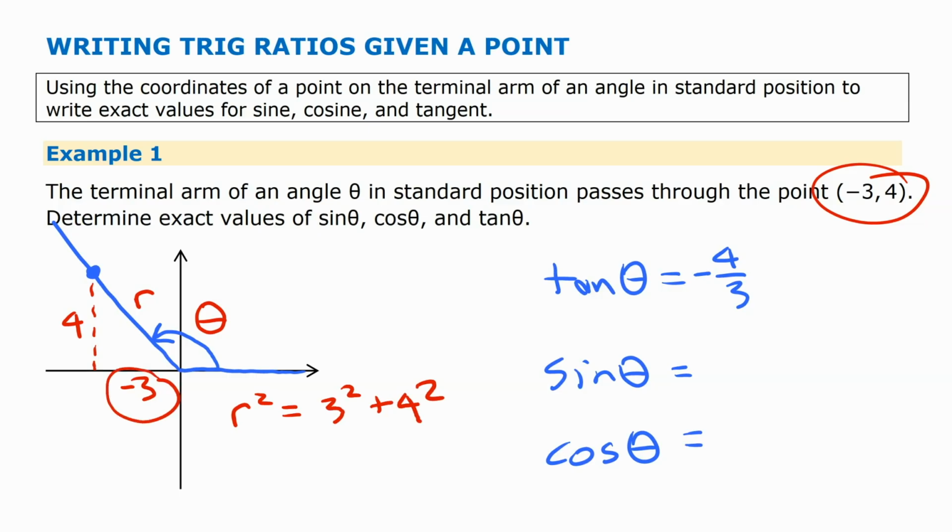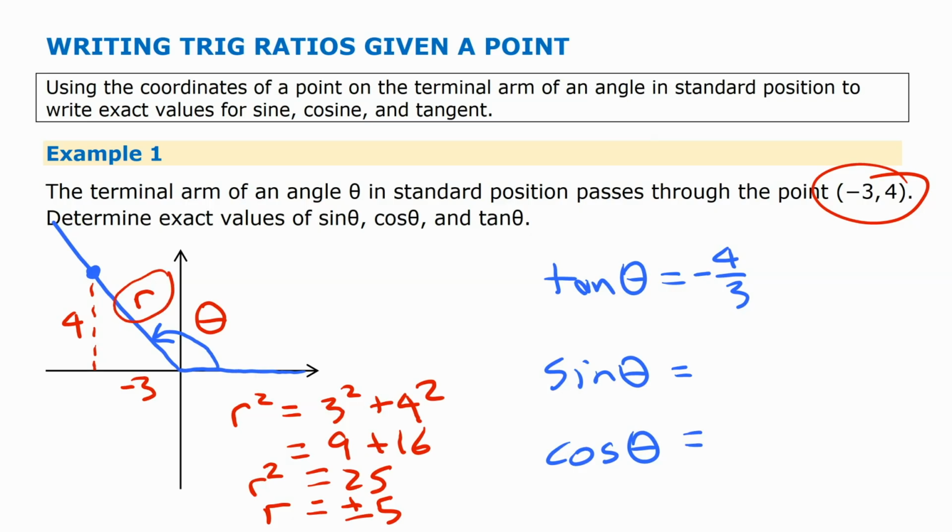You could write -3 squared if you want, but when you're squaring it, it's not going to matter if it's positive or negative, so we might as well keep it simple and write 3 squared plus 4 squared, or in other words, 9 plus 16, 25. If r squared is 25, then r is plus or minus 5. But since r, the radius, is always positive, we know it's positive 5, so we can ignore the negative and just say the radius is 5.